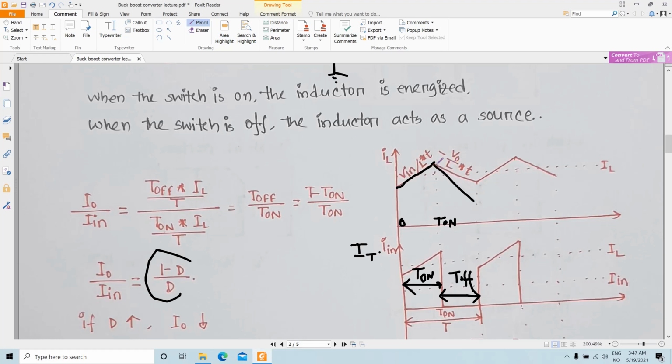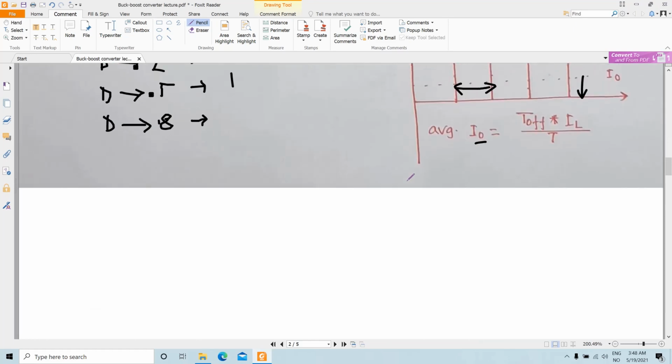There is a moment when this inductor current barely touches the x-axis and then goes up again, and then falls back again. So this is when your inductor is operating at the edge of the continuous conduction mode, and we need to calculate the value of L for that particular condition.